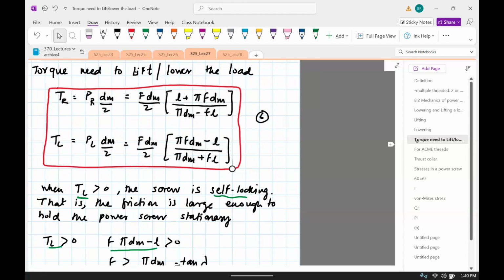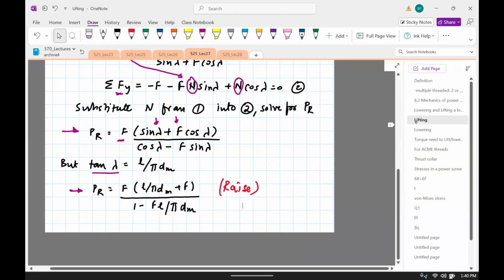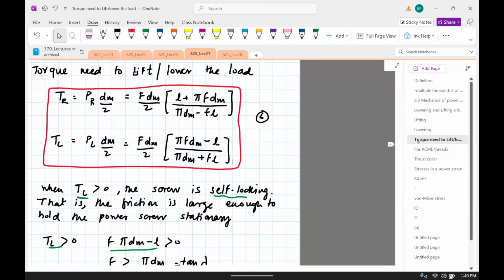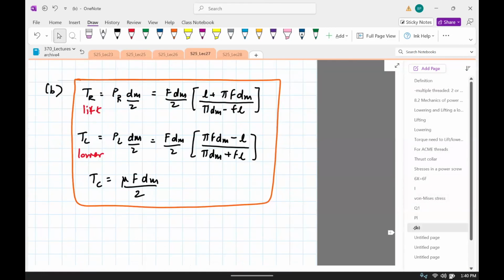Raise, lifting, raise, this is right. And then lowering is minus. Yeah, this is right. So let's go back here. Raise. That would be like the car jack, right? But car jack you also have to lower later on. Lower. Okay, so that's right.